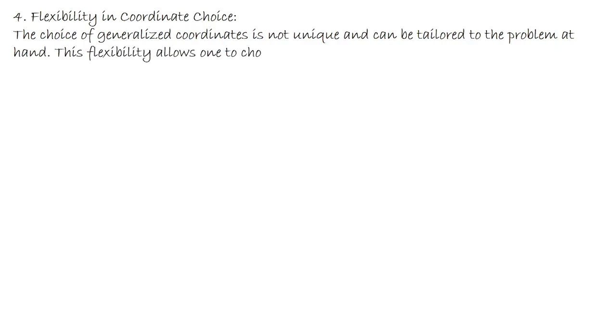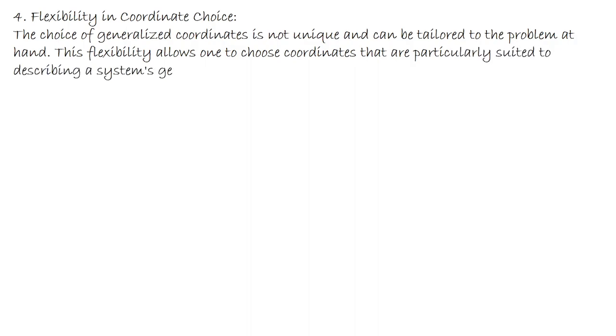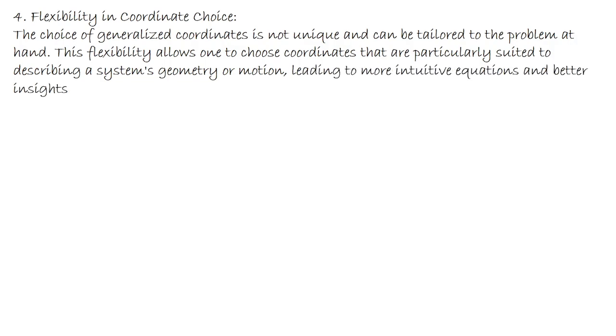Next important point, flexibility in coordinate choice. The choice of generalized coordinates is not unique and can be tailored to the problem at hand. This flexibility allows one to choose coordinates particularly suited to describe the dynamical system's motion, leading to more intuitive equations and better insight into the system's behavior.